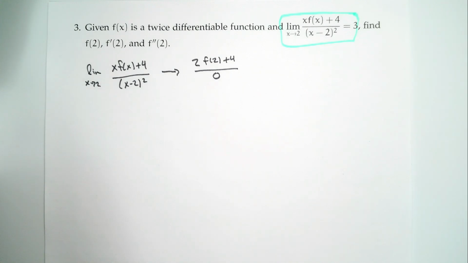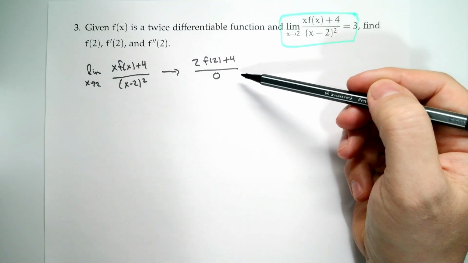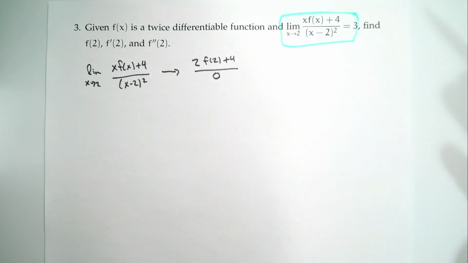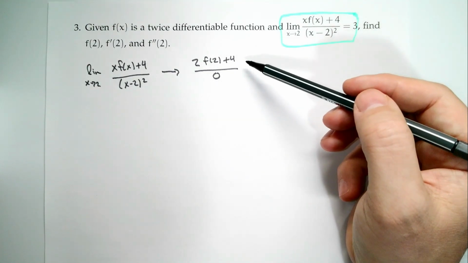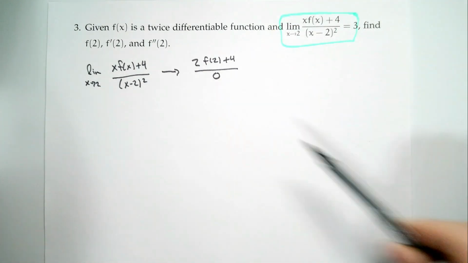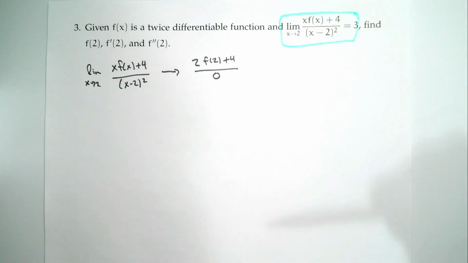Now notice we have something over 0. Now, when can I have something over 0 exist? Well, if the numerator is anything other than 0, it's not going to be a finite number. Because if it's a non-zero number divided by 0, what it means is that your function is blowing up. It has some kind of asymptote. Or maybe it's going to negative infinity. But it can't exist.